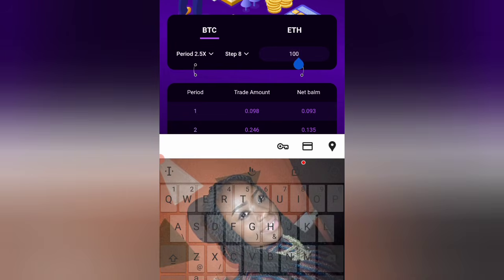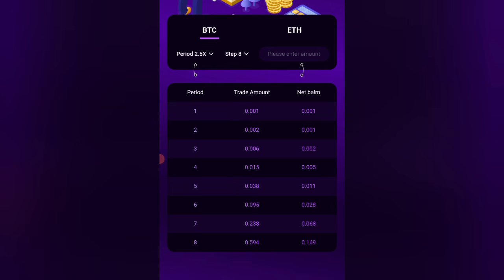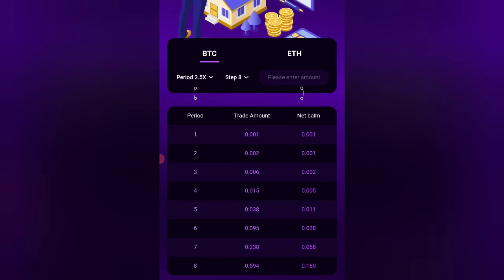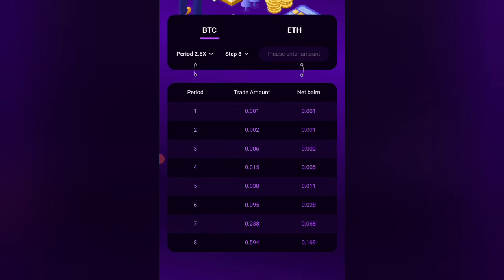So what you guys need to understand is that even if you lose 6 times and you win the 7th time, as long as you are following this calculator, the 7th win has overridden every one of the 1 to 6 losses. Because following this calculator, look at the present, when I did not enter any amount, look at what it is.